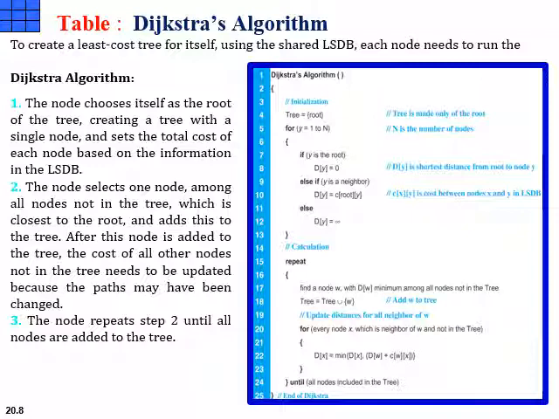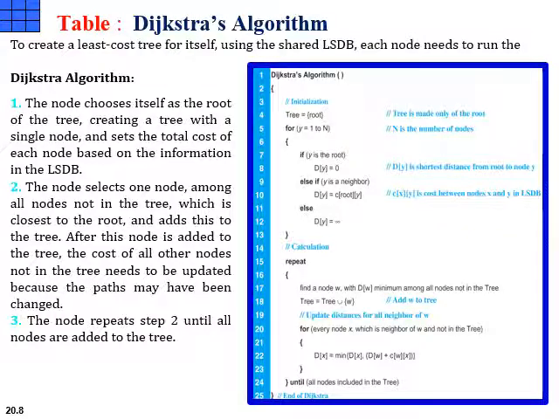After this node is added to the tree, the cost of all other nodes not in the tree needs to be updated because the paths may have changed. The node repeats step 2 until all nodes are added to the tree. So this is the algorithm we follow in Dijkstra's algorithm. First of all, we need to have a root node.